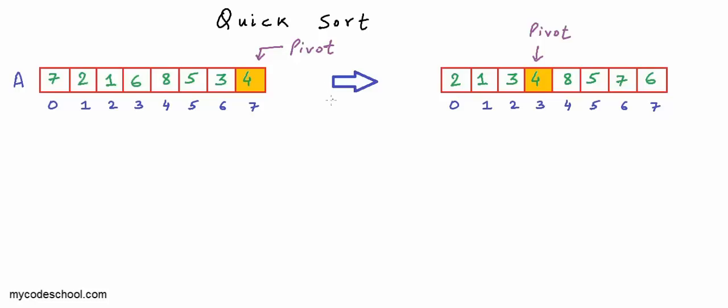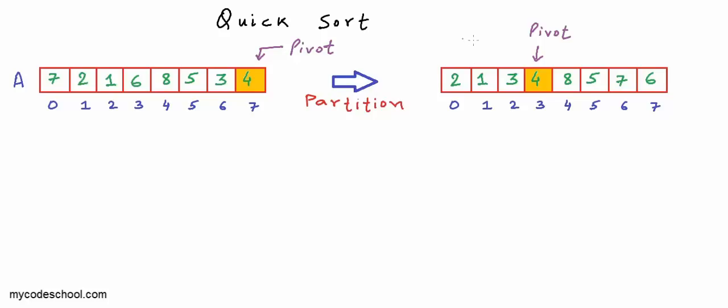Let's call this whole process partitioning of a list. So let's say partition is a process in which we select a pivot and rearrange the list such that all the elements lesser than the pivot are towards the left and all the elements greater than the pivot are towards the right. There can be more than one possible arrangement in which elements lesser than the pivot will be towards the left and elements greater than the pivot will be towards the right.